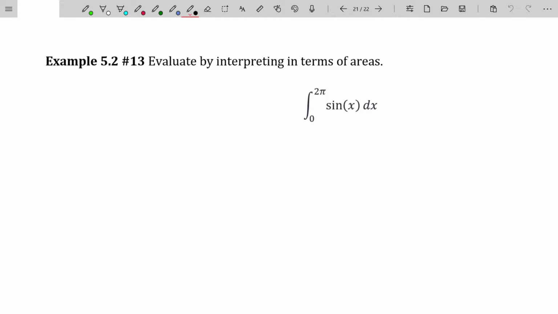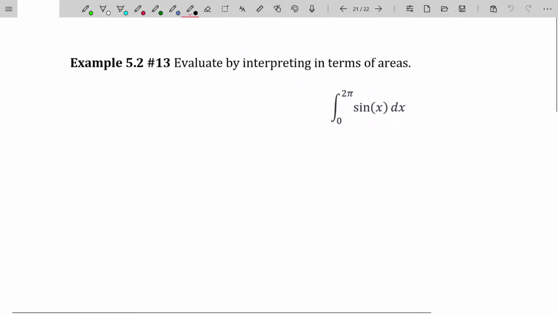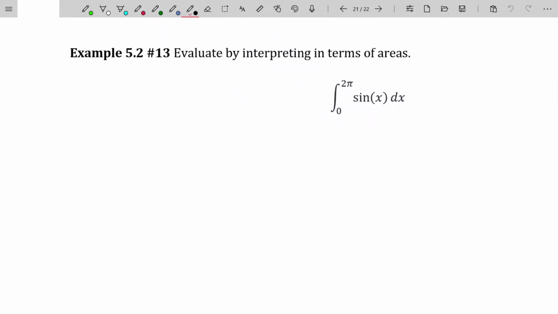This is an incredibly popular problem. Again, if you're handed this and you don't know how to evaluate it, geometry is your friend, at least trigonometry. If you graph the sine curve from 0 to 2 pi, you should probably agree with me that this area right here is a positive area.